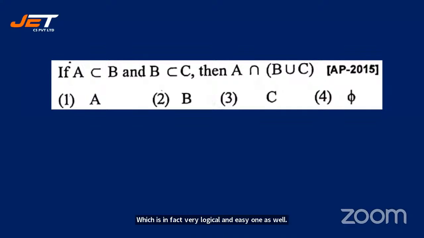Yes, give me your answer. I'm just checking the chat box. Monica, you're right. Sandhya, you're right. Gayatri, check your answer. Vishwant, check your answer. Shiva, check your answer. Okay, let's see.